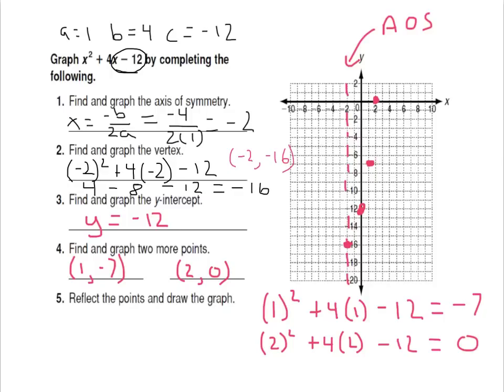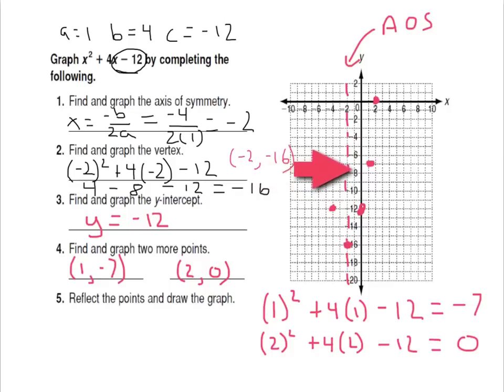So now it says that we need to reflect those points and draw the graph. So if I reflect the points, I'm going to do the exact opposite. So what I see is that I have this point right here, which goes over 2, up 4. So I'm going to go over 2 and up 4 in the opposite direction. Over 2, up 4. There's its reflection across the axis of symmetry.